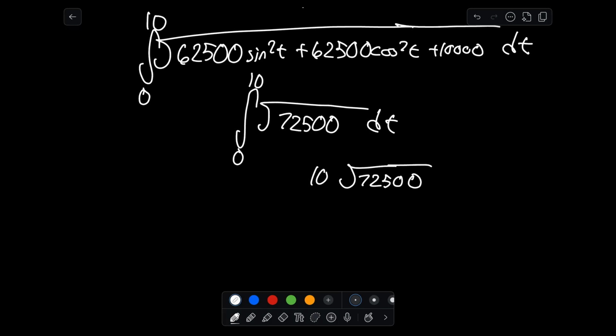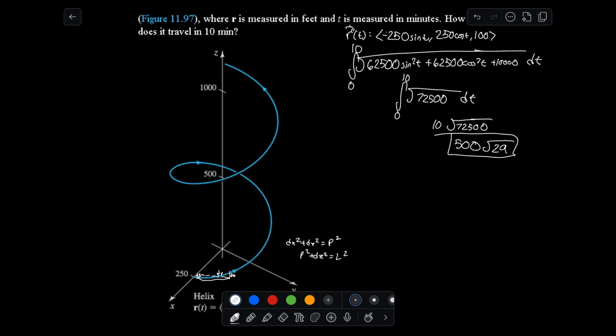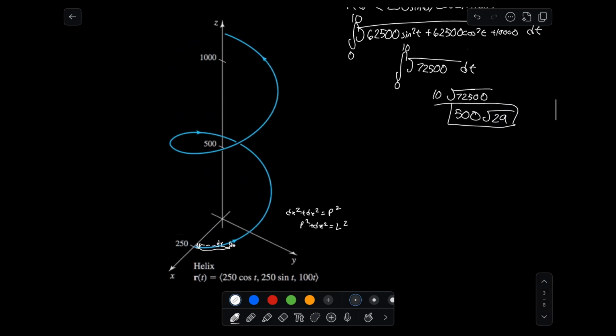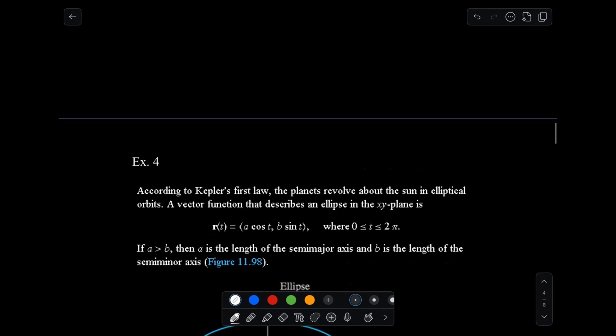I see a 50 in there. 500 times root 29, which is the same thing. When you get to this level of math, it doesn't matter as much about rationalizing the denominator or factoring out perfect squares from your square roots. It's more about the application of, do you know how to apply the formula from above, for example, right?